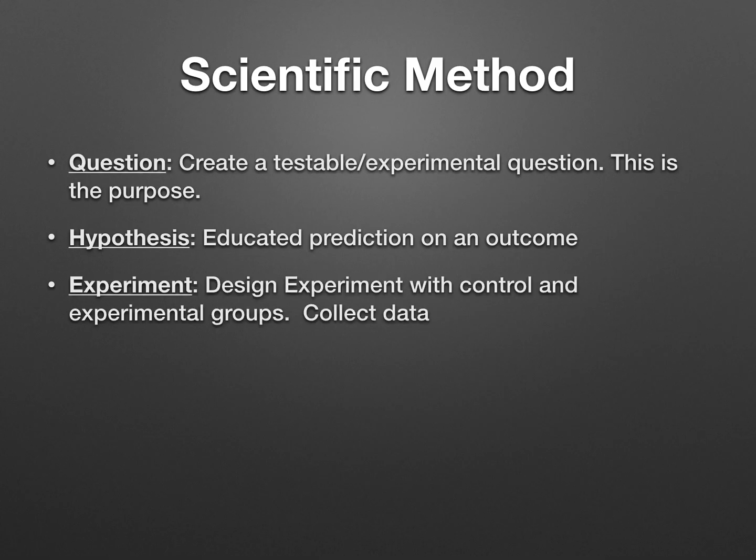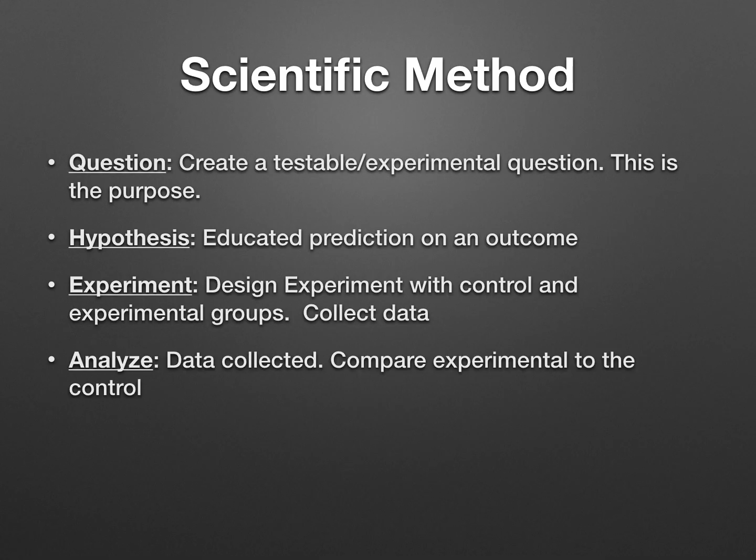The experiment is the fun part. You design an experiment, you have control and experimental groups, meaning the control is what you compare to. And in the experiment, your goal is to collect data. And we talked about in class that you use your 5 senses to collect data. And the data is simply information that you'll use to make accurate questions and answers from your experiment.